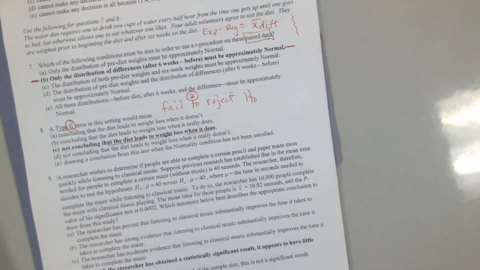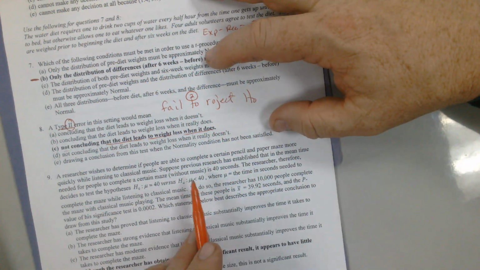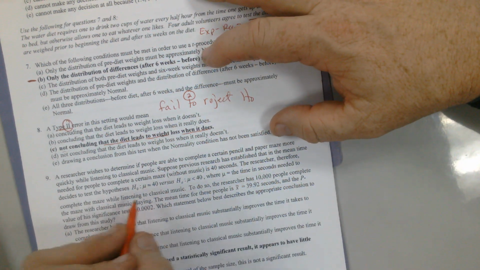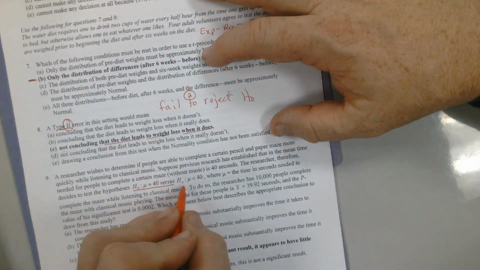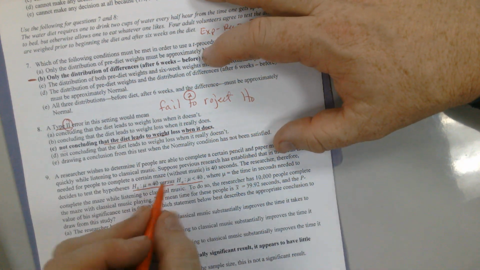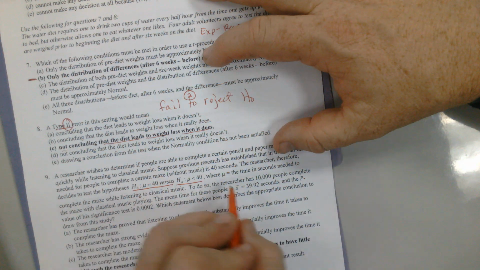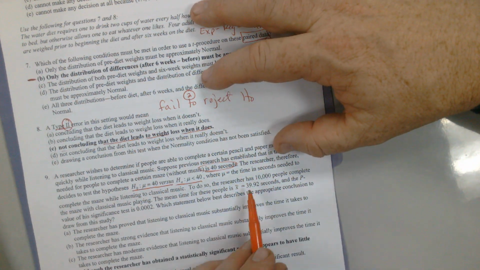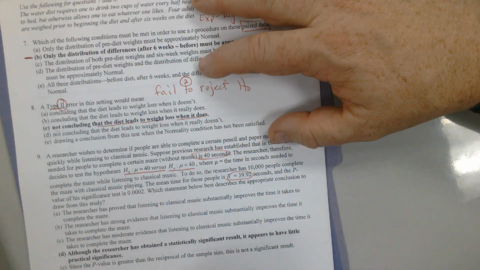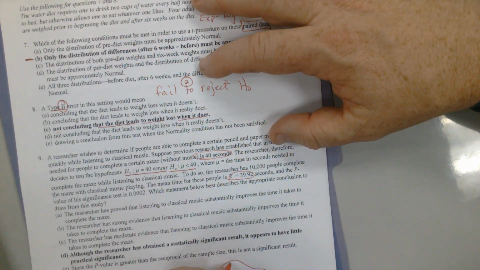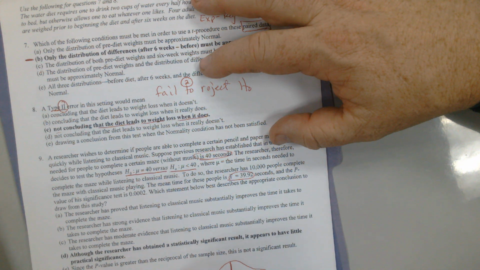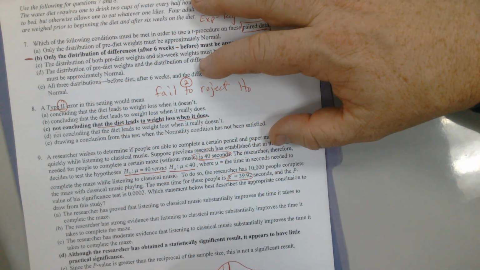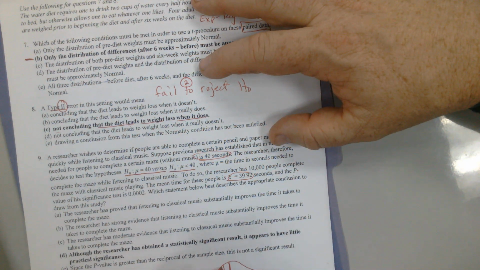A researcher wishes to determine if people are able to complete a certain pencil and paper maze. So here's our info that we need. There's 40 seconds without music. So we have an x bar. Let's draw this thing out here. We have a 40, and we have one to the left, which is 39.92.